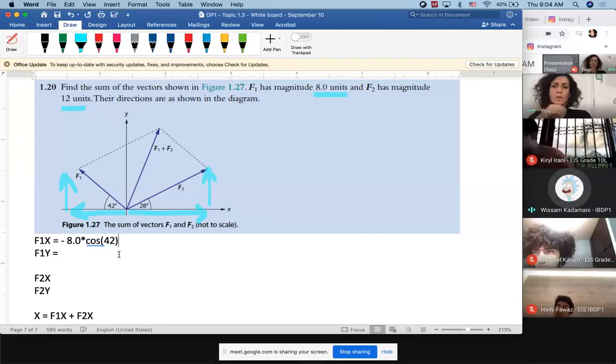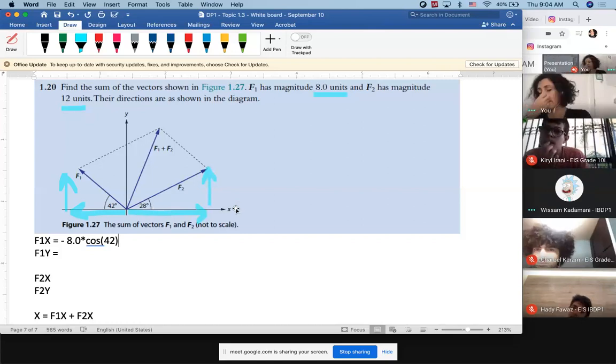Okay, let me explain what Wissam is saying because we never discussed it as such. Wissam is saying always use cosine for the x, always use sine for the y, but don't take any angle. Always measure the angle from the positive x-axis. In our case, we never thought as such, so it's up to you to follow any method you want.